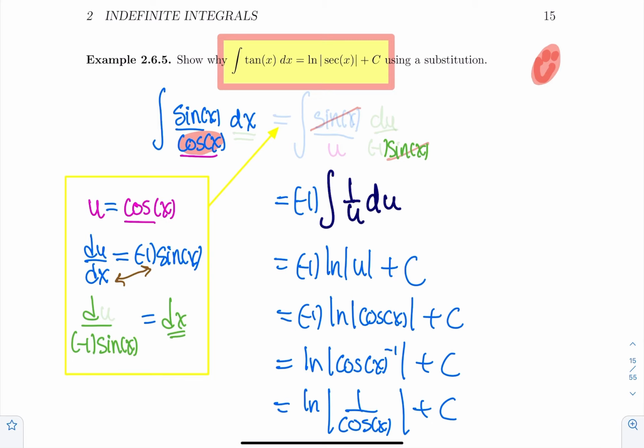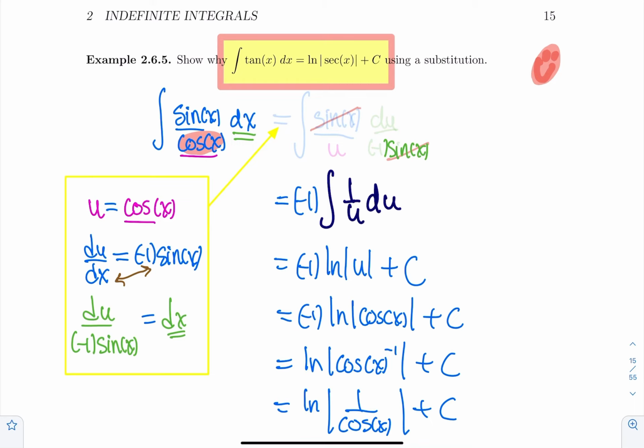Let me just correct, you won't see this, but let me just correct the u, here we go, du. So dx is going to be replaced by du over minus 1 sine of x. So here we go. So I have a formula for cos. It's my choice. It's u. And dx, I've computed a formula for dx. It's going to be du over minus 1 sine of x.